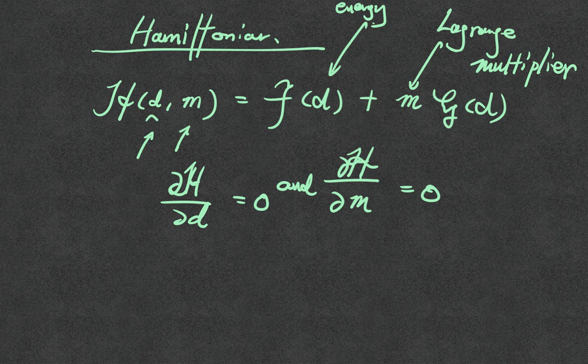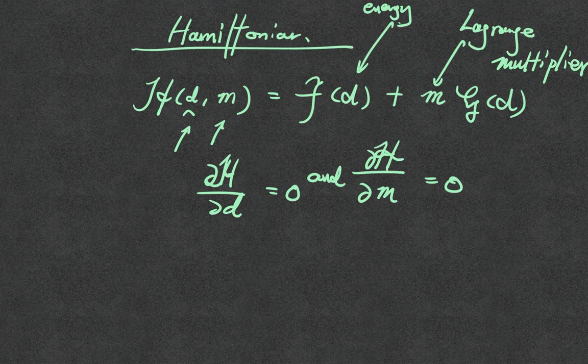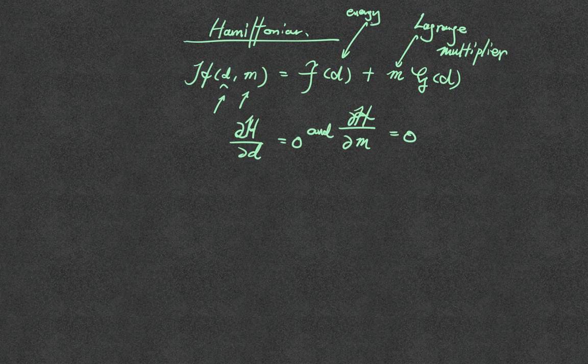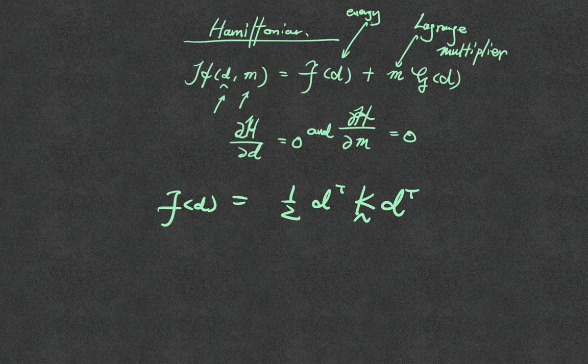Let me look at it in more detail. F(D) is equal to 1/2 the quadratic form that stores the elastic energy, the external work coming from the work done by the external force, and then the extra term is this.